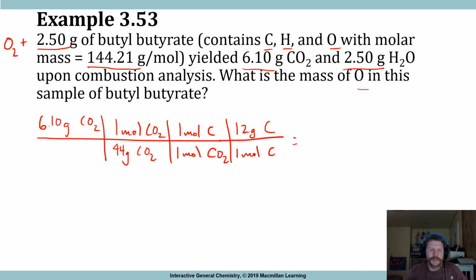So I'll plug all that in, multiply it across the top, 6.1 times 12, and divide that by 44, and that gets me 1.67 grams of carbon. Now, is that a number that looks about right? It does to me, because 1.67 grams is less than that 2.50 grams. And so comparing this number to this number is a fair thing to do.